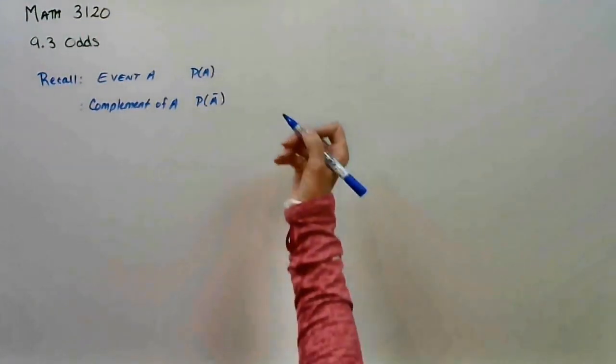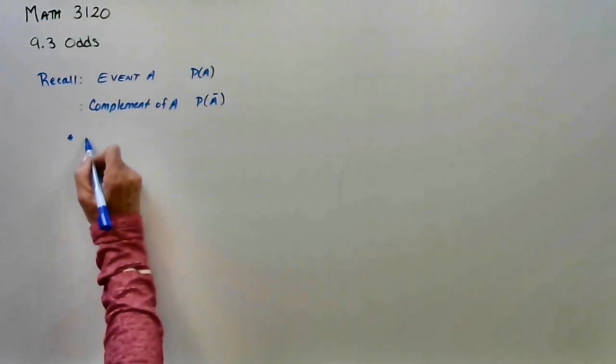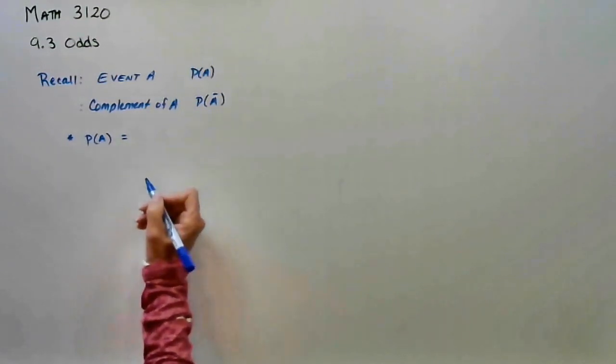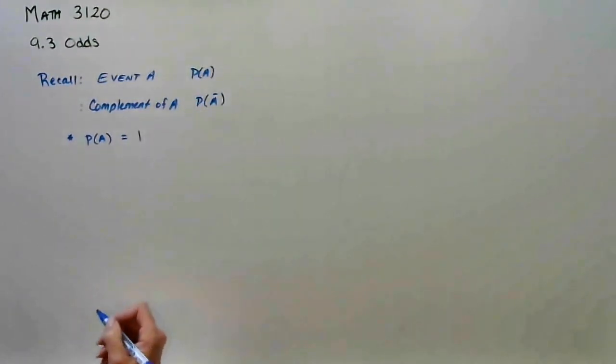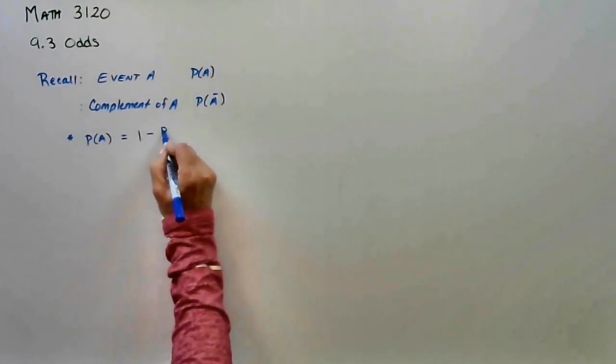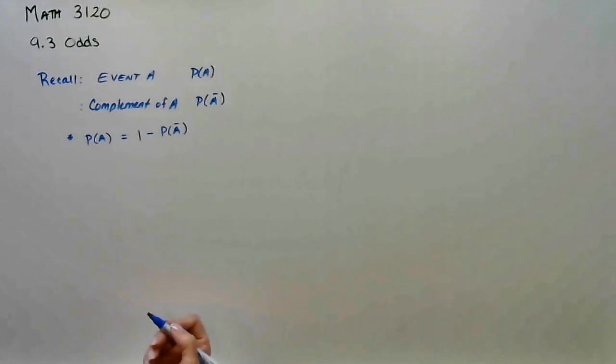So things to note. If I take the probability of event A happening, that's exactly the same as the guarantee that it's going to happen, all cases, minus everything that is not A, or the complement.